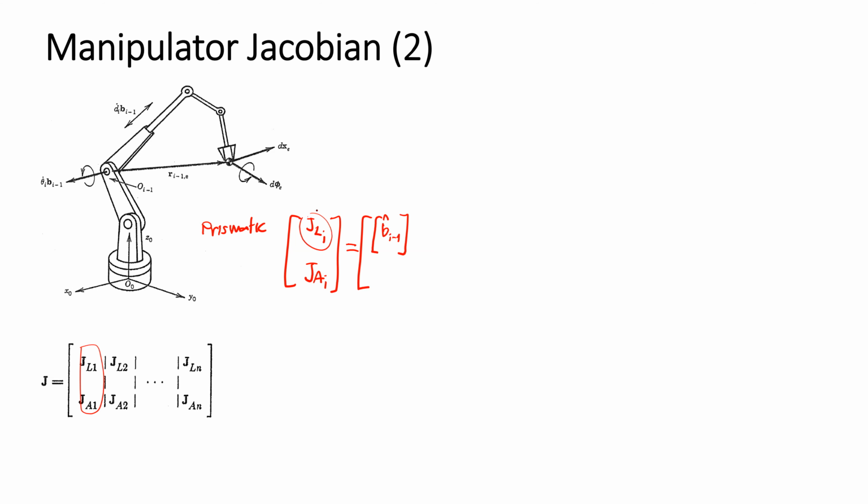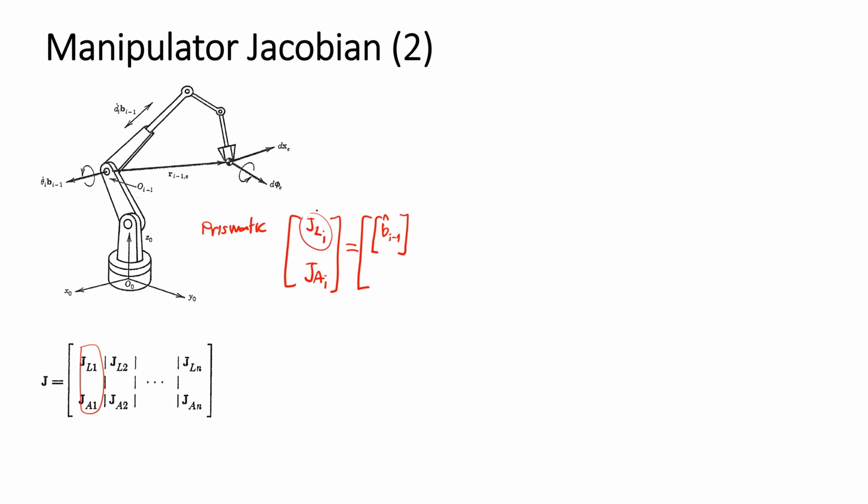And prismatic doesn't change the orientation, doesn't change the angular velocity at the endpoint, so it's a 0 vector. Here is the conclusion for prismatic.